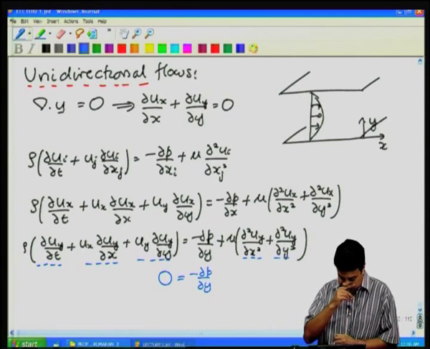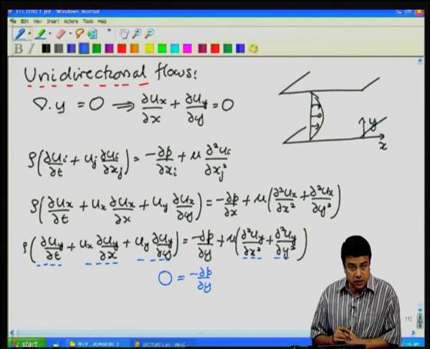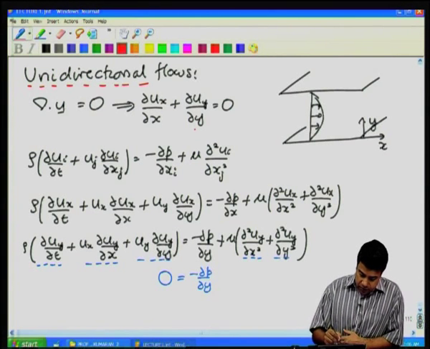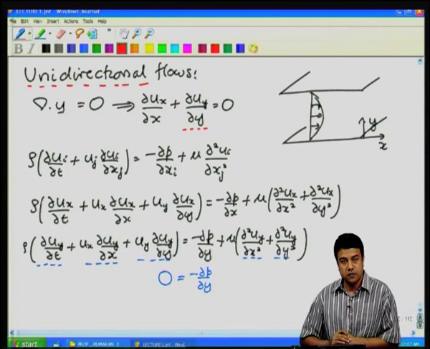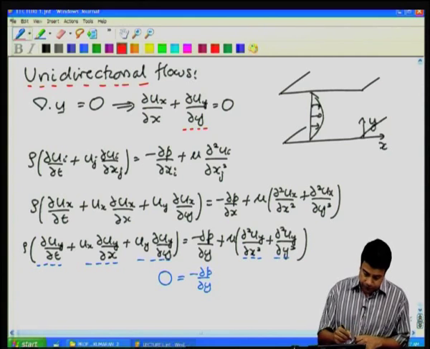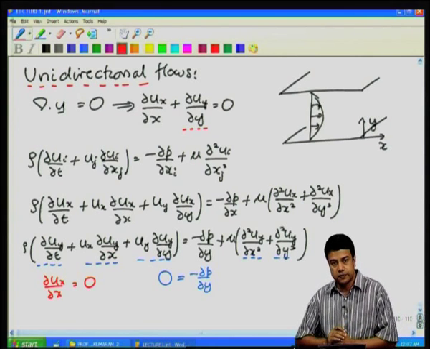There is also an implication for the mass conservation equation. As you can see here, if u y is equal to 0, this term is equal to 0. That means that partial u x by partial x is also equal to 0.